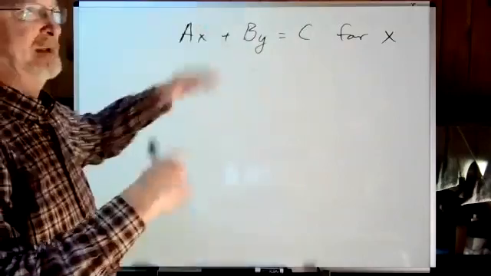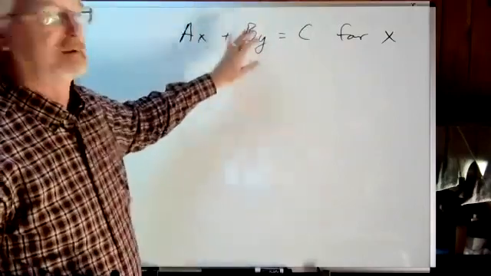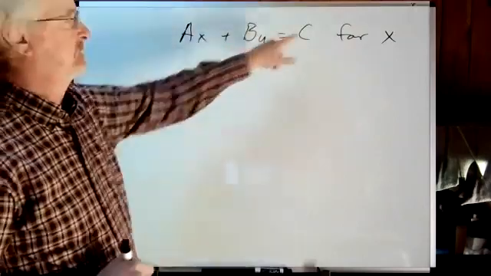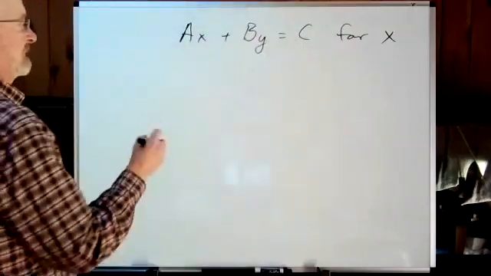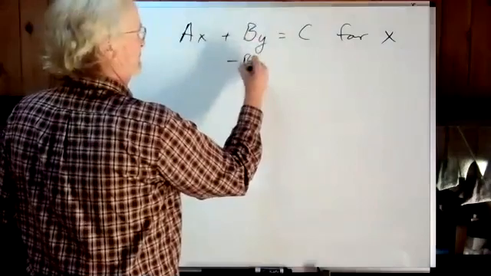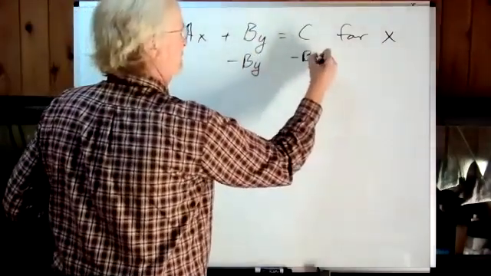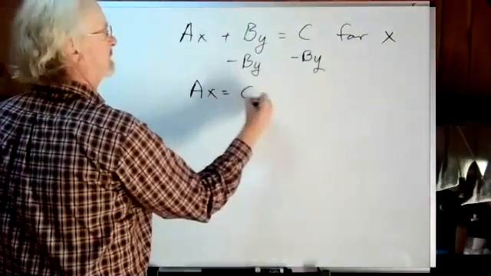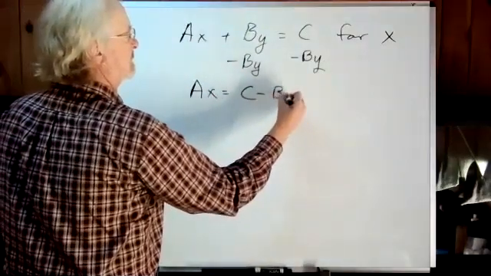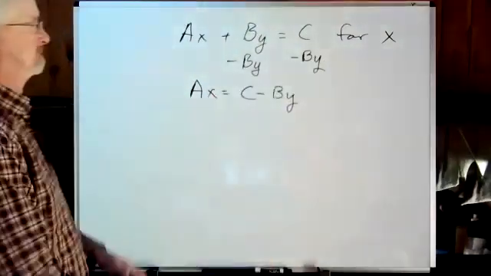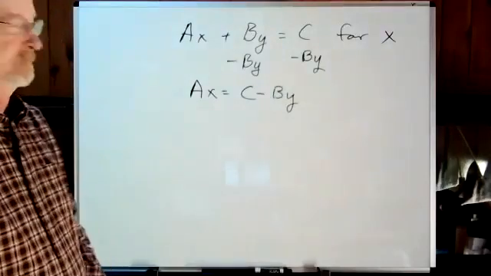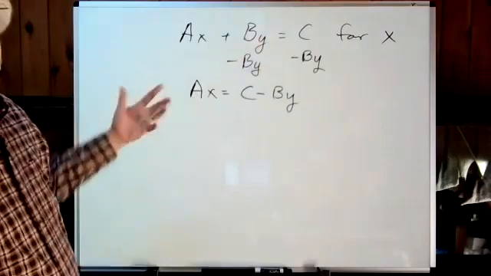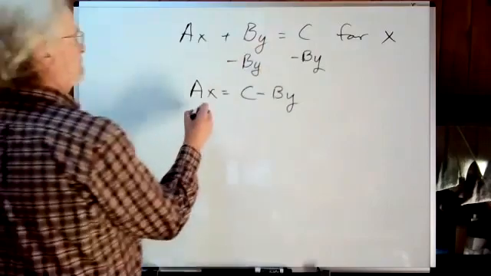So just like adding or subtracting some extra number, I'm going to subtract that dy from the c from both sides. And to get the x alone now, I need to divide both sides by a.